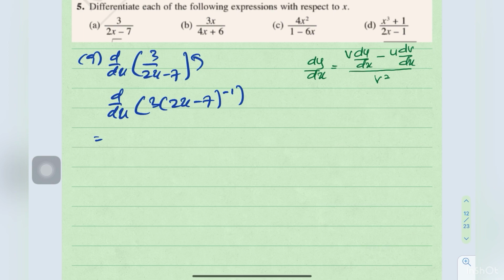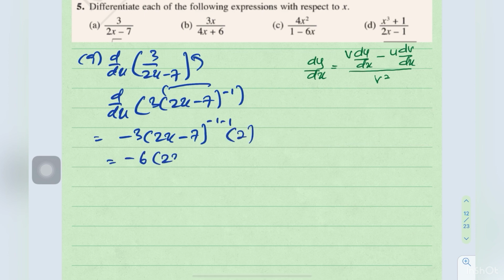Then we differentiate as usual. So negative 3(2x minus 7) to the power of negative 1 minus 1, times 2. The answer is negative 6 over... negative 6(2x minus 7) to the power of negative 2, which becomes negative 6 over (2x minus 7) squared. Okay, so this is method 1, by using the composite function.